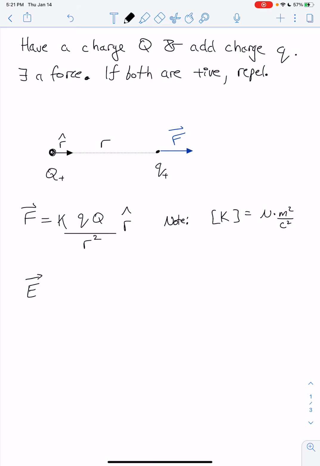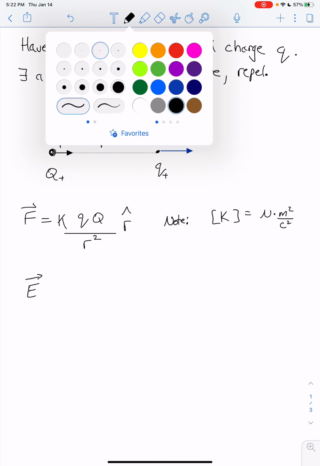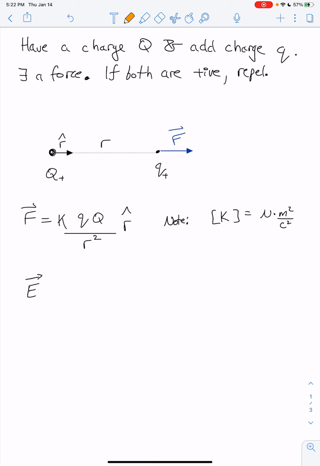And the electric field is defined by, we could take what we call a test charge, and we could take that test charge and put it here and see what happens. And if we put a test charge there that's positive, it's going to experience a force in that direction. If we were to put a test charge over here, it would experience a force in that direction.